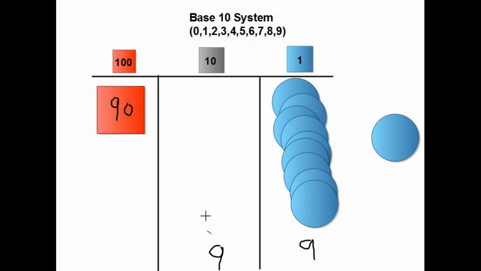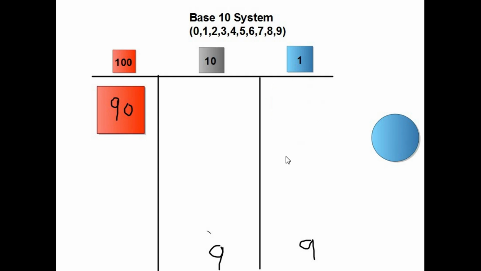All the disks that we had in this column we transfer to the red box. Now red box contains 90 disks, and we'll take these 9 disks and transfer them to the red box. And we'll update this to 99. We can't mark this as 1 because this is not a full box.